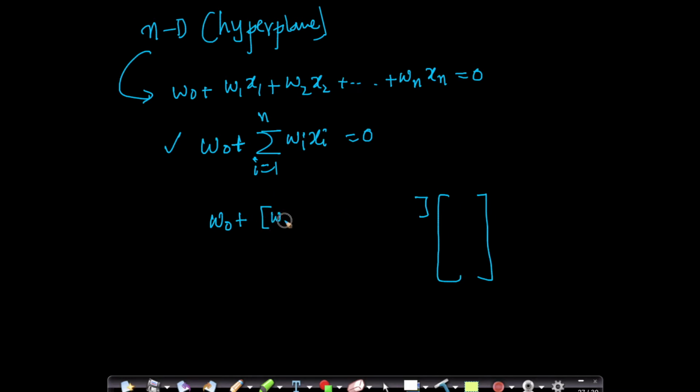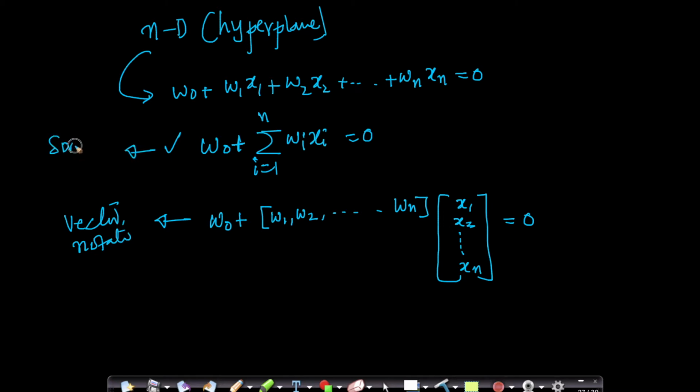Let's assume I have w1, w2, and so on up to wn here. Imagine I have x1, x2, and so on up to xn here. This is nothing but a vector notation, and this is nothing but a summation notation. I'm not changing any formula here. I'm just changing the notation slightly.